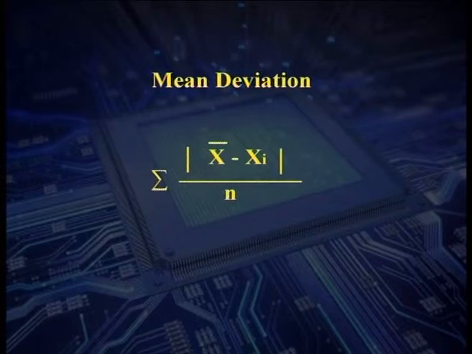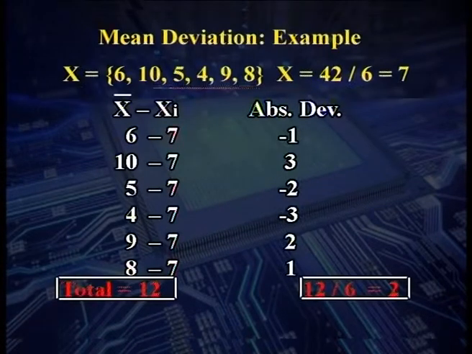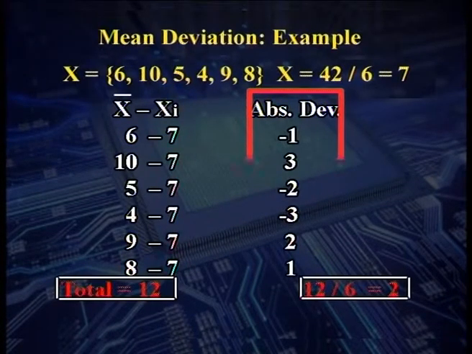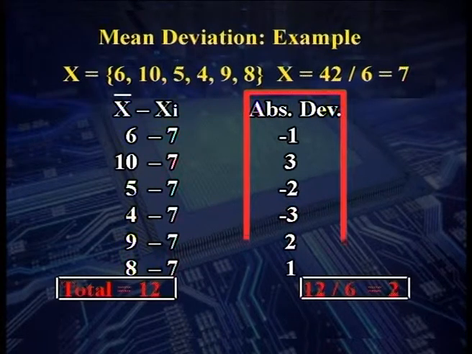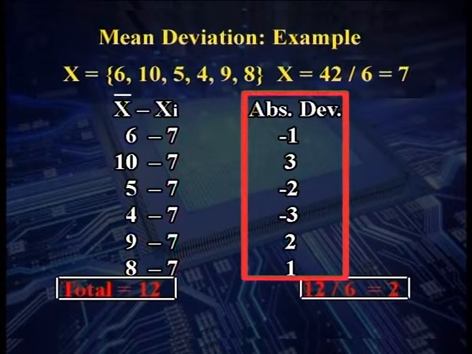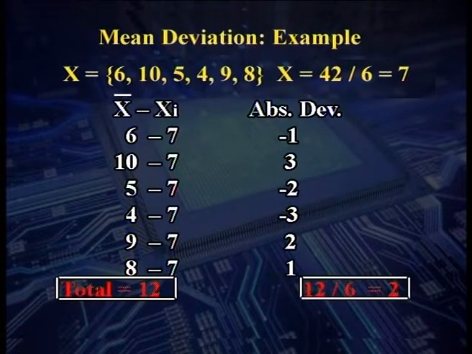So this is what we had to find out. If you look at the table, you will see that when you find the absolute deviations, you should ignore the signs, otherwise you will get 0. So you ignore the signs. If you ignore the signs, then you get the total equal to 12.